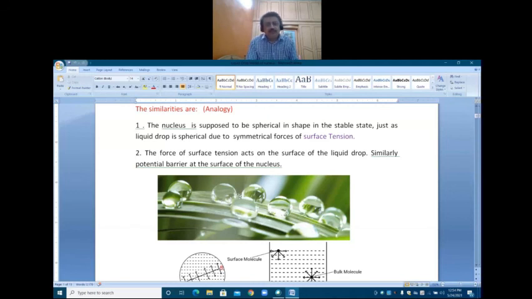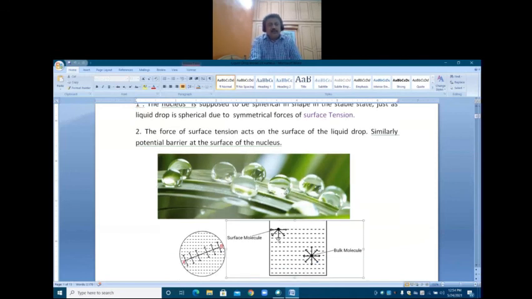You know that it is because of the force of surface tension. The force of surface tension which is acting makes the water drop or a liquid drop spherical in the stable state, and the force of surface tension acts on the surface of the liquid drop.